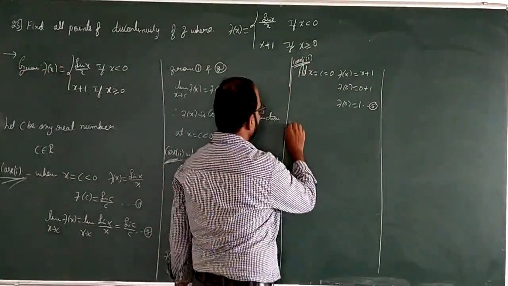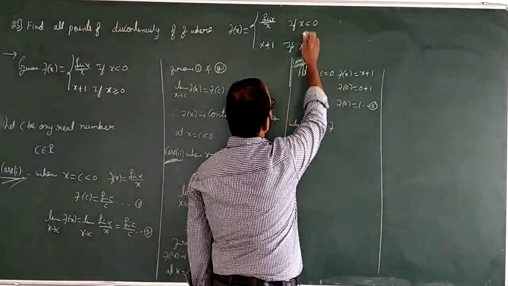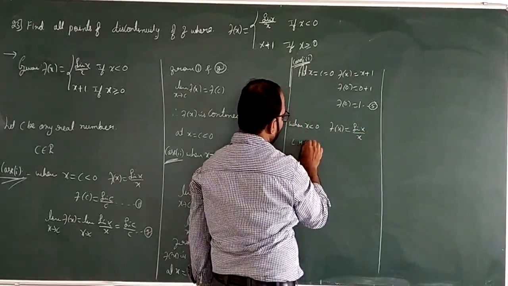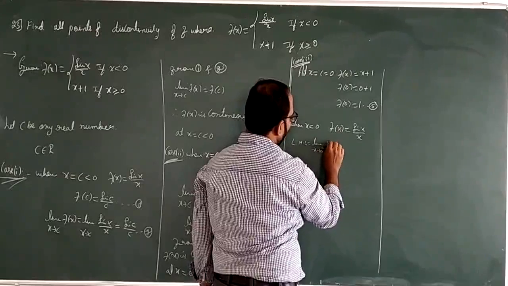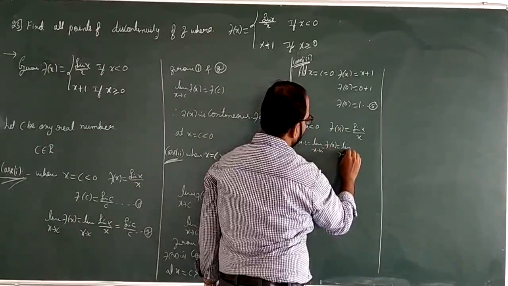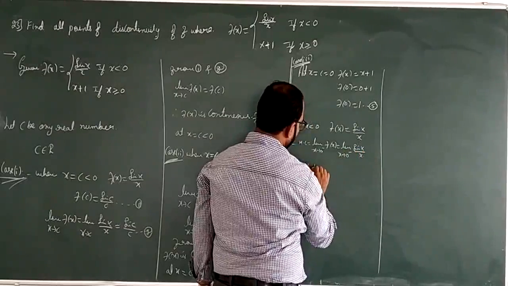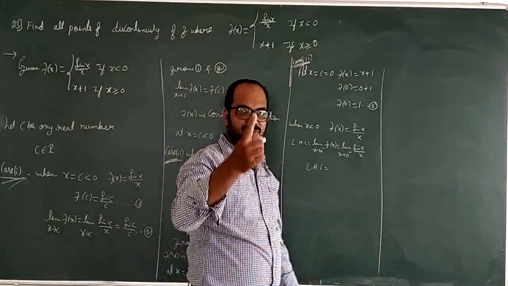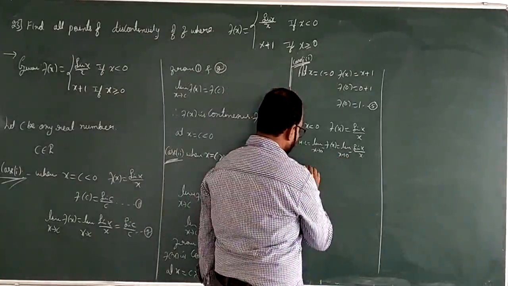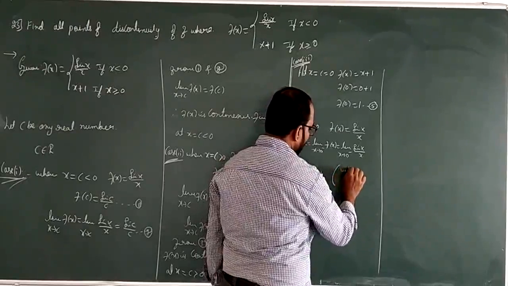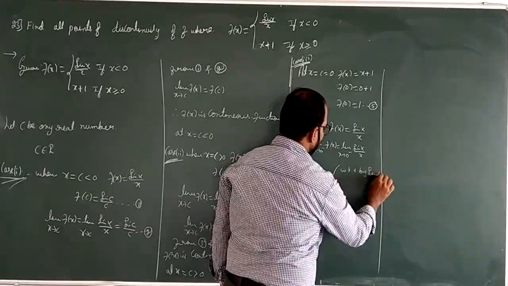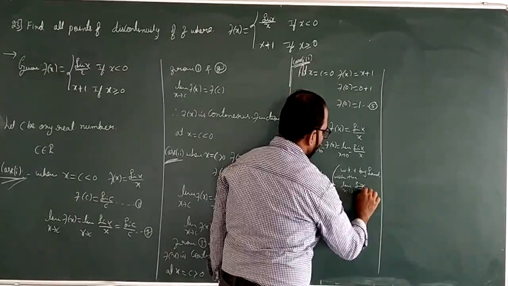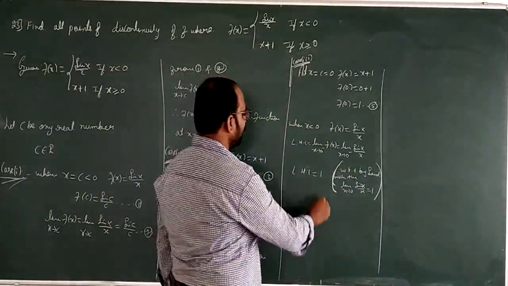Now when x is less than 0, f of x is sin x by x. Apply limit less than 0, that is LHL, limit x tends to 0 minus f of x is equal to limit x tends to 0 minus sin x divided by x. I know the sandwich theorem from first year, limit x tends to 0 of sin x by x has value 1, we know that, why LHL is equal to 1. If you want, write in brackets, we know that by sandwich theorem limit x tends to 0 sin x by x is equal to 1. This is called equation 6.